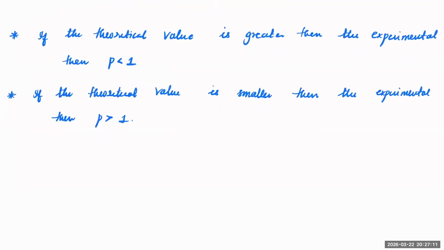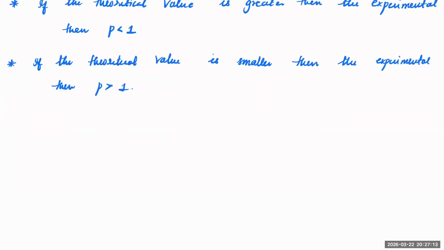Okay, clear? So please do remember, if the P value is less than 1 given, what you need to understand is that theoretically the value is coming higher than practical value. If P value is greater than 1 given in the question, which means you are getting theoretical value smaller or lesser than the experimental value. Got it? Clear?